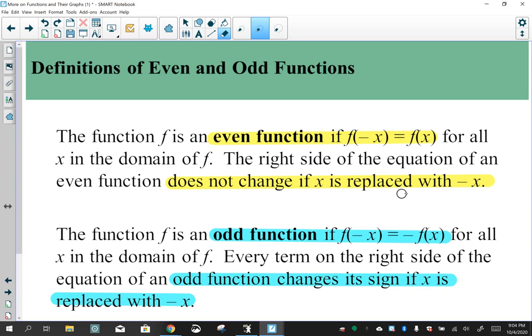Okay. When we deal with odd functions, and this is algebraically, I'm going to show you how to do it graphically in a moment. If you take that same negative x value that you plugged in here and everything got a sign change, then you have what's called an odd function, because an odd function changes its sign if x is replaced with negative x. So that means everything in that function will get a sign change.